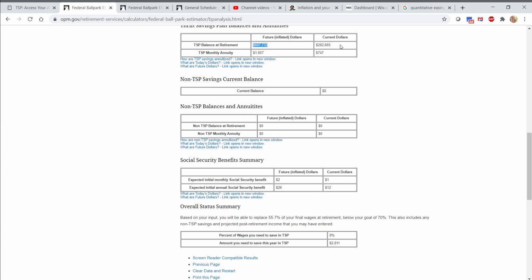That's why inflation is one of the most important things in your retirement calculator calculations. So if you're getting an annuity today, you'd be getting $747 a month. 30 years from now, that same amount would be a check of more than double, 1,607.